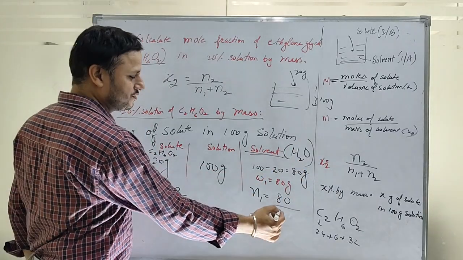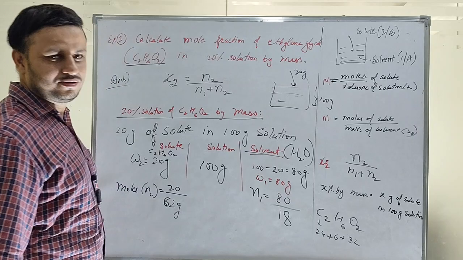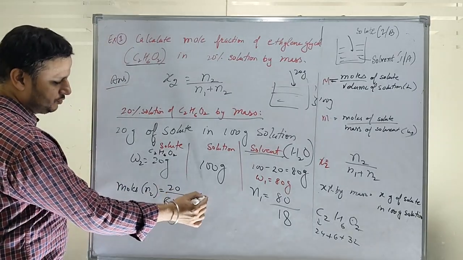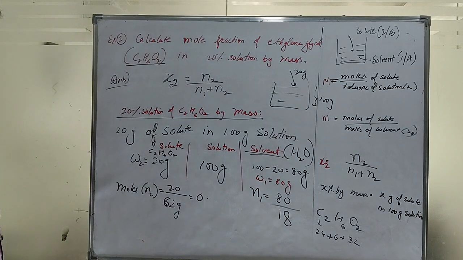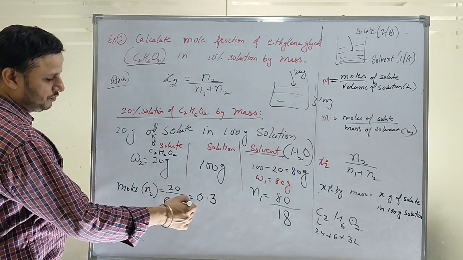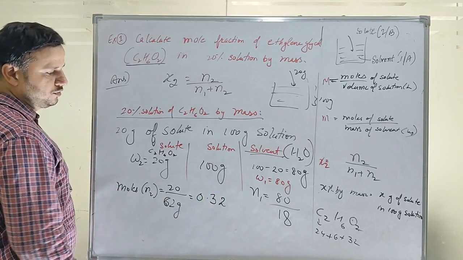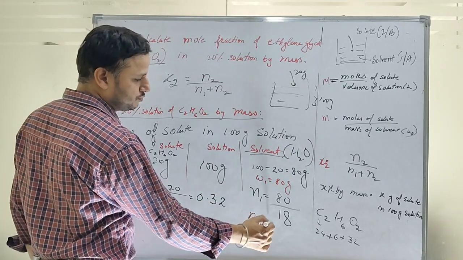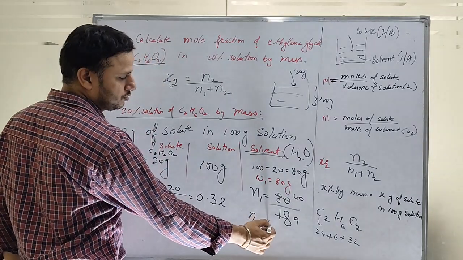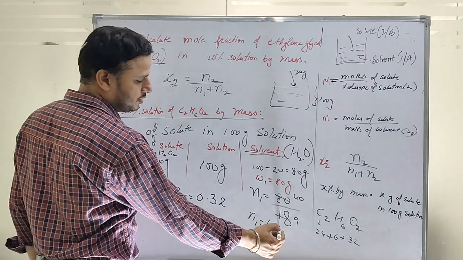H2O is the solvent, molar mass 18 gram. So moles of solute is 20 over 62, which is 0.32, and moles of solvent is 80 by 18, which comes out to be 40 by 9, so 4.4.